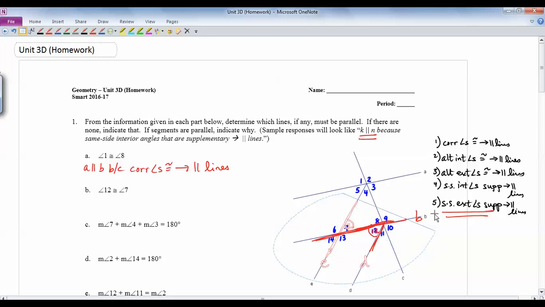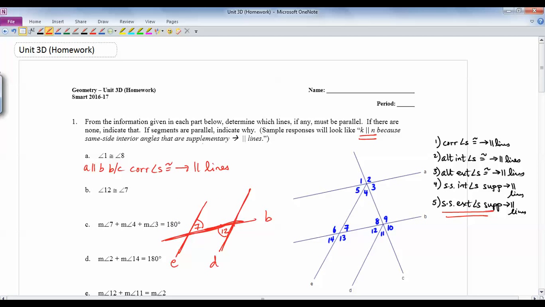And if I slide this over, you might not see it yet, but if I extend this line, hopefully you can kind of see this Z shape right here. And the Z shape is alternate interior angles. They're on opposite sides of the transversal, so they're alternate, and they're in between the two lines that we're looking at, so they're interior.